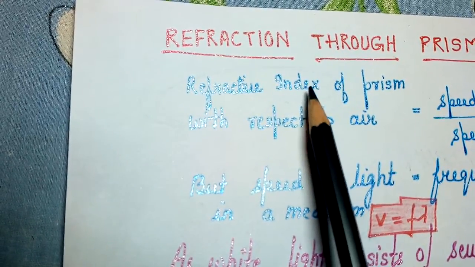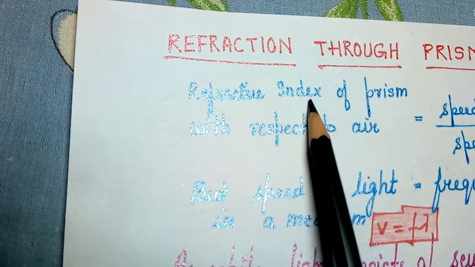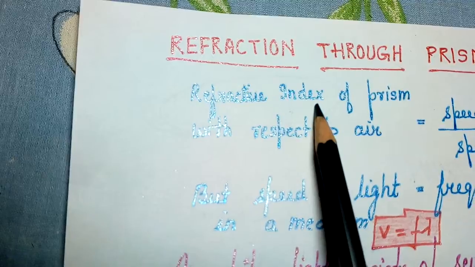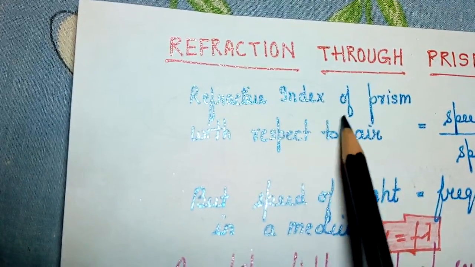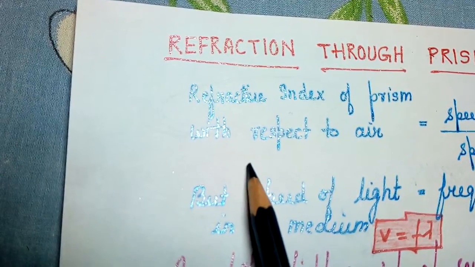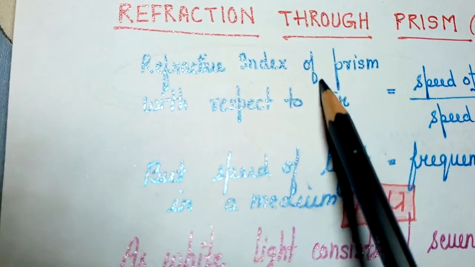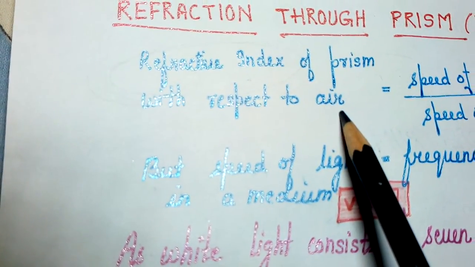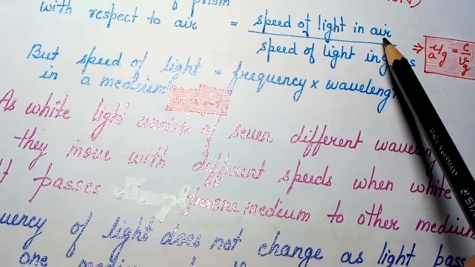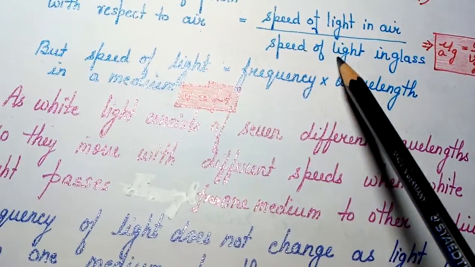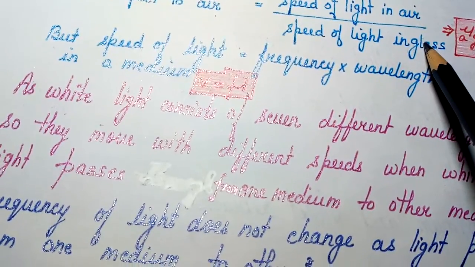It's a kind of measure to tell you that how much a light wavelength or light ray will bend when it will move from a particular medium. Refractive index of prism, that is the glass, with respect to air is defined as ratio of speed of light in air and speed of light in that medium, which is glass here.